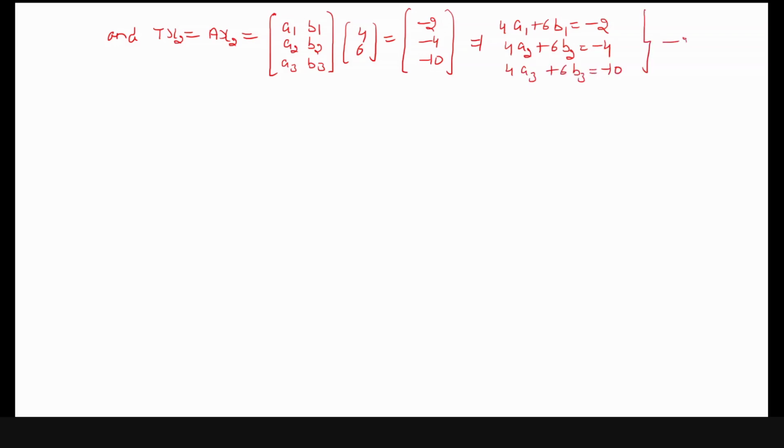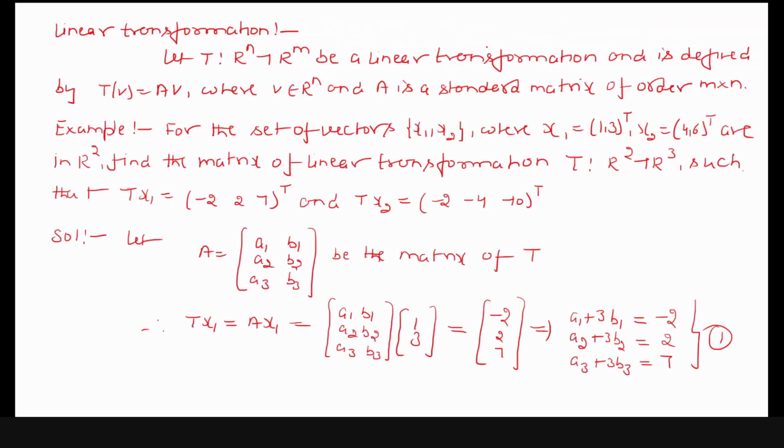So this is the second set of equations. So in sets 1 and 2, there are 6 variables a1, b1, a2, b2, a3, b3. So these are the 6 variables here, and you have 6 equations.